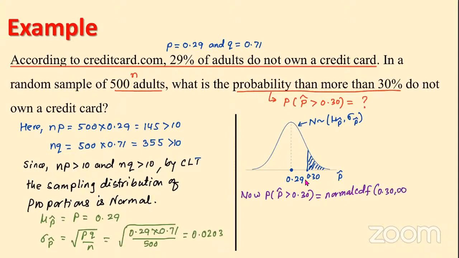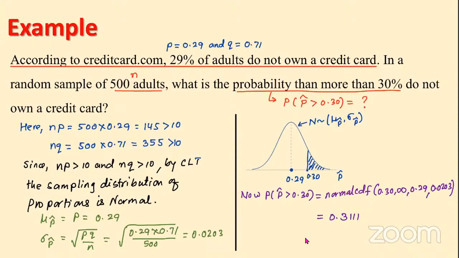The upper boundary is infinity, we go all the way up to infinity. The mean is 0.29, which is here in the middle, and the standard deviation calculated here is 0.0203.